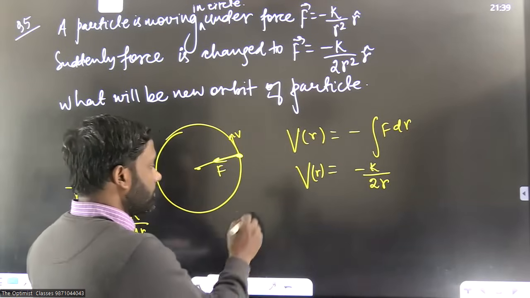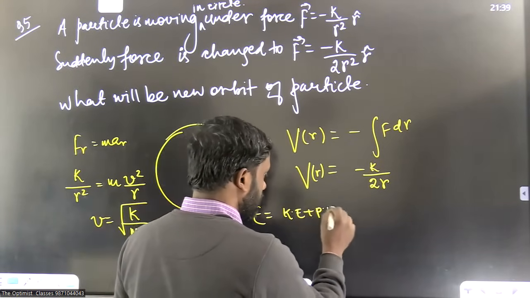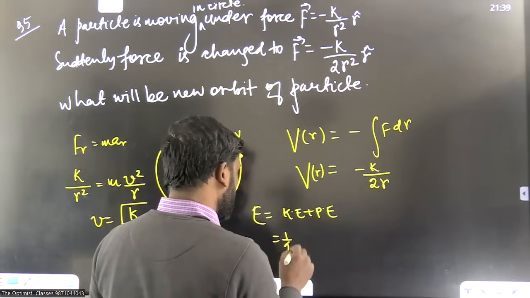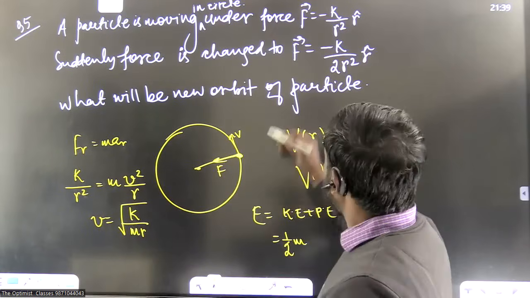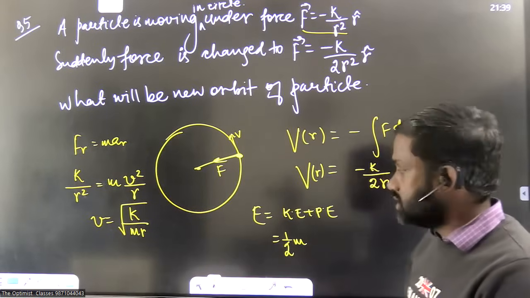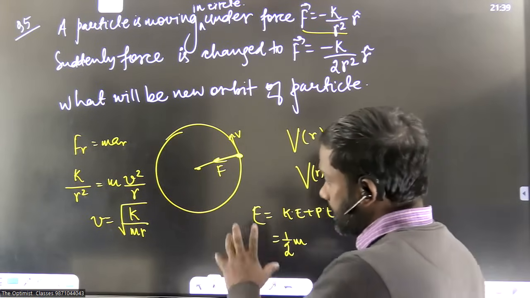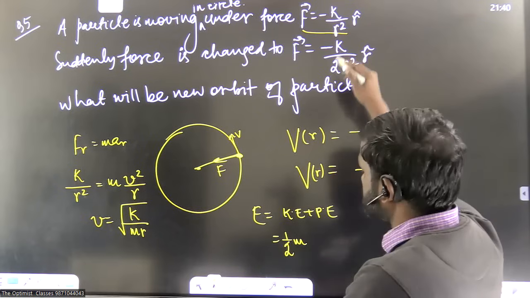So if you calculate total energy, you will have to write kinetic energy plus potential energy. Kinetic energy we'll write half m v square. In velocity we will use this velocity, which was calculated using previous force. Force was suddenly changed, so velocity doesn't immediately change. Velocity will change, but after some time. But we are doing calculation just after the force is changed.